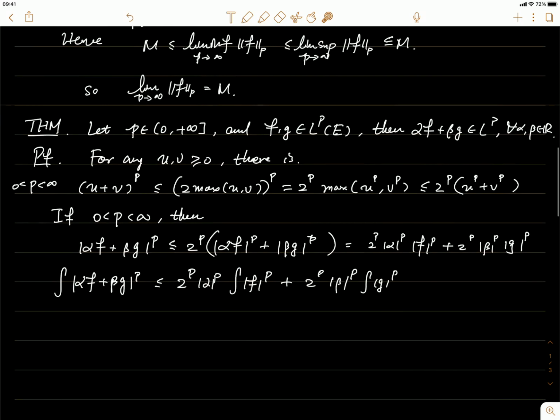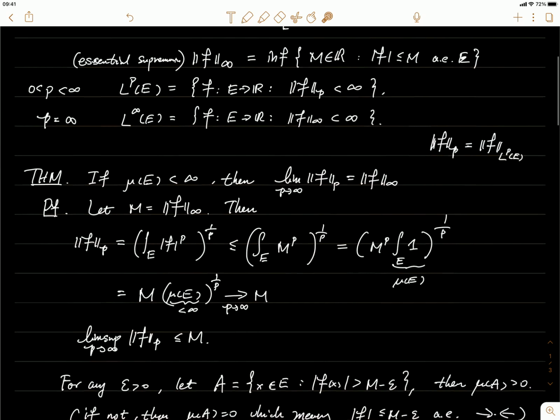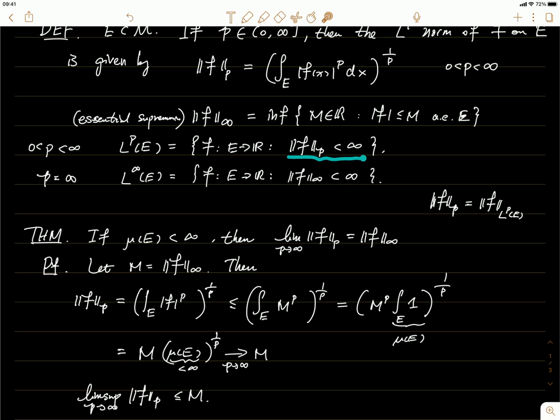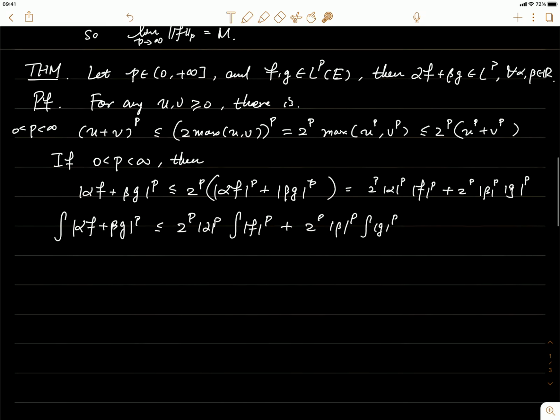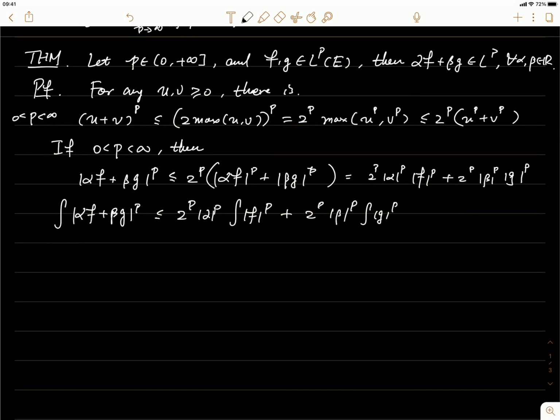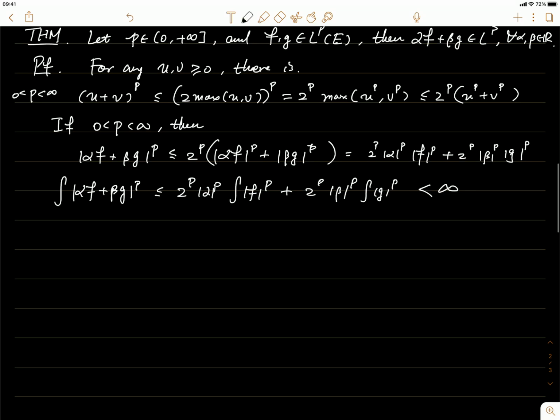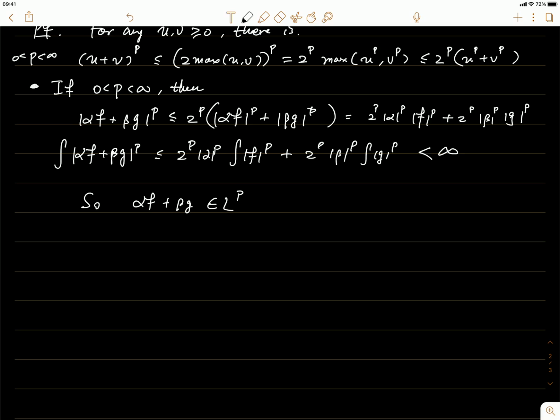By the way, when we define that, we can not just define this to be less than infinity, we can just say that this is finite. Because it takes the p-th root, it will be finite as well. So that's why this is finite, and because it's finite, we know that alpha f plus beta g is in L^p. So that's the case where p is finite.